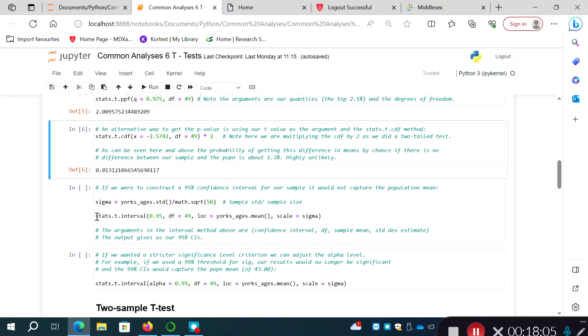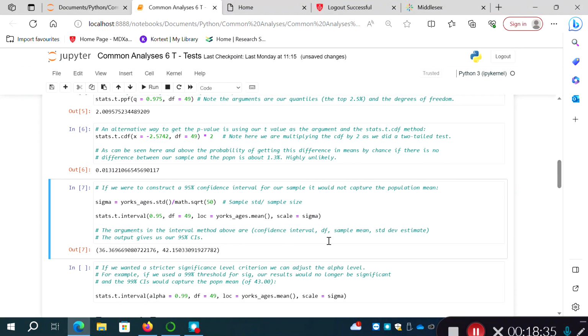Then I'm going to use stats.t.interval, asking for the confidence interval, and I've specified 0.95, so the 95% confidence interval. The second argument is the degrees of freedom. I'm saying use as the location the mean age for Yorkshire, and use as the scale the standard error, the sigma object that we created above.